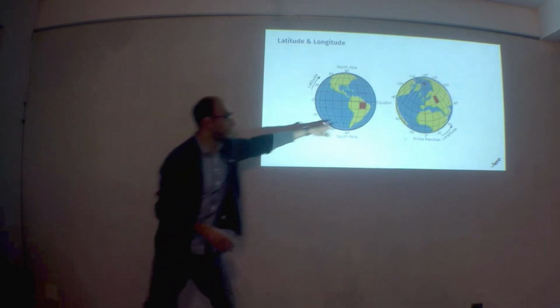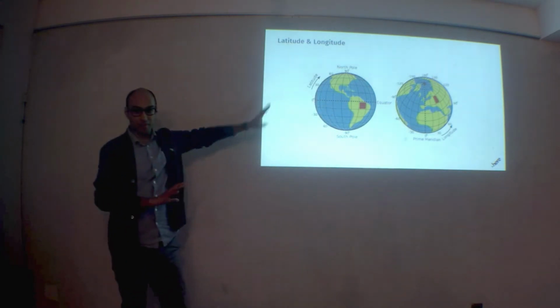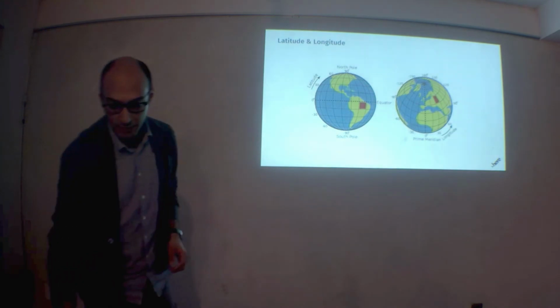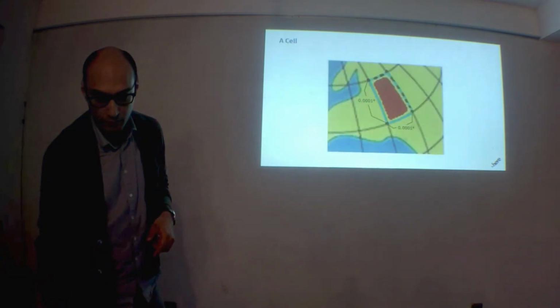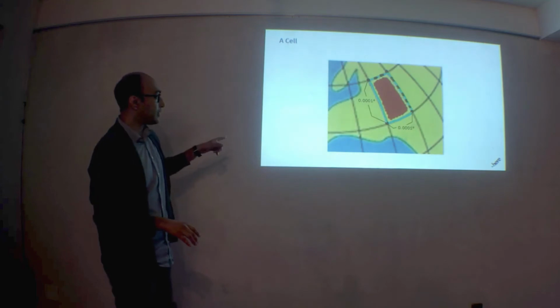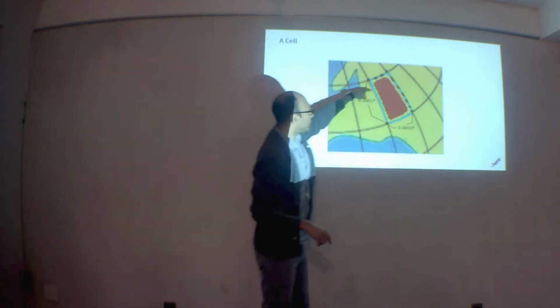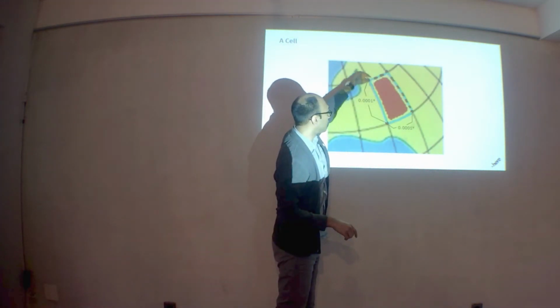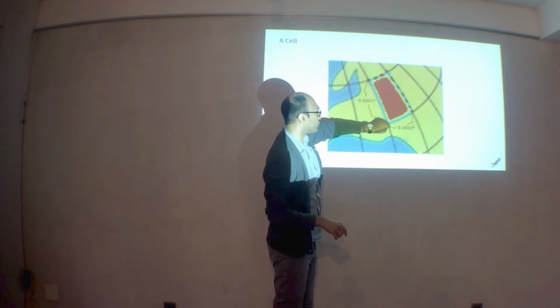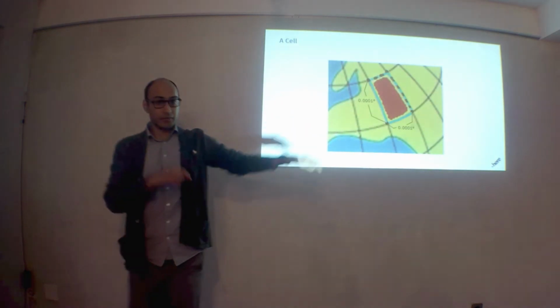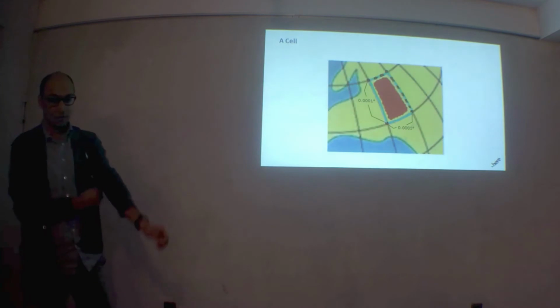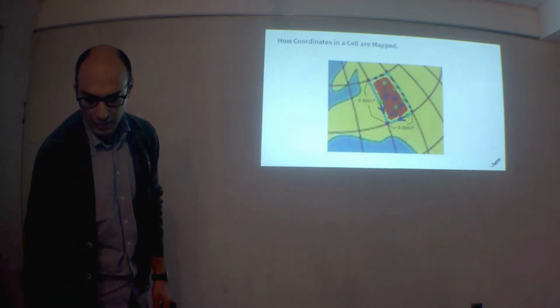So this would be a cell, not an accurate size, but a cell in this data set. If you have coordinates here, here, here, we aggregate them to one key, which would be in the lower left-hand corner.